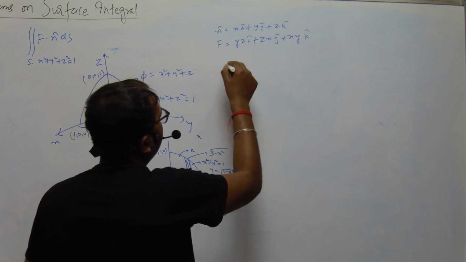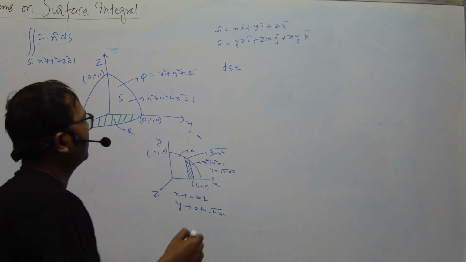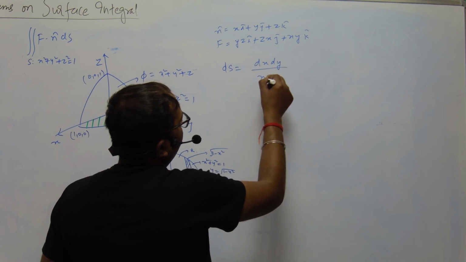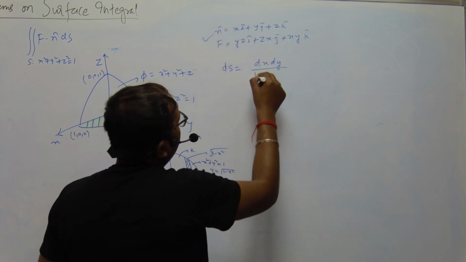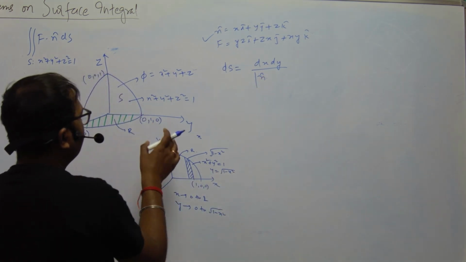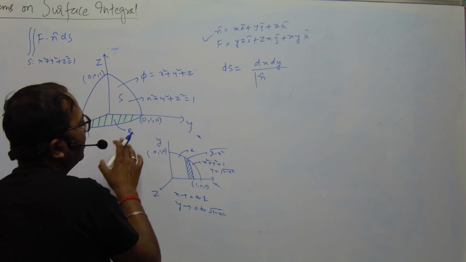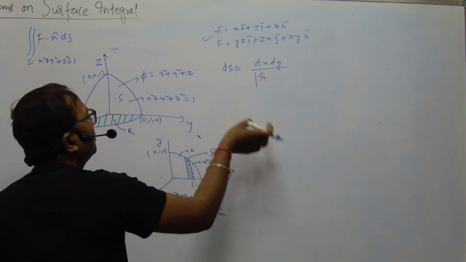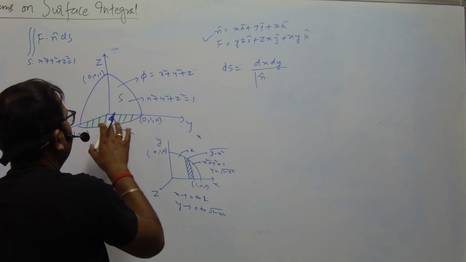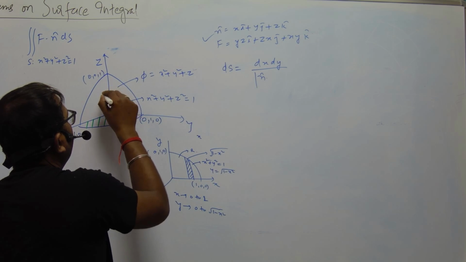So we have the value of ds as, since we are taking the projection on the xy plane, dx dy upon the dot product of n cap with the unit vector perpendicular to this region R. Since we have taken the projection on the xy plane, we take the dot product of n cap with the unit vector perpendicular to this region R, which is a planar surface, and is along z.